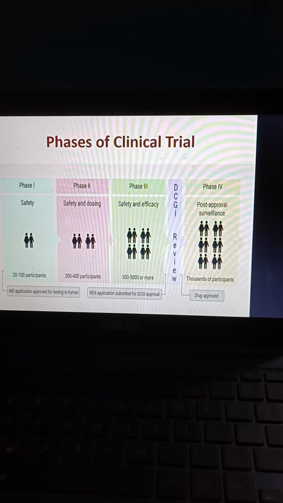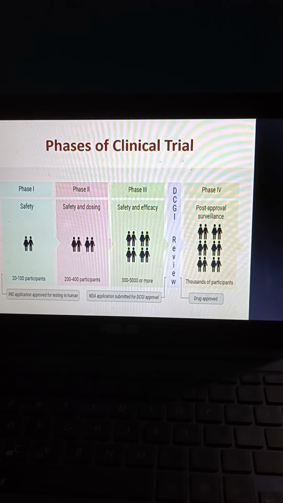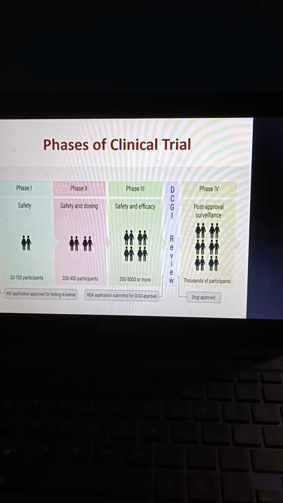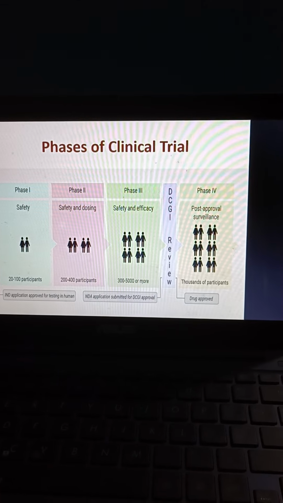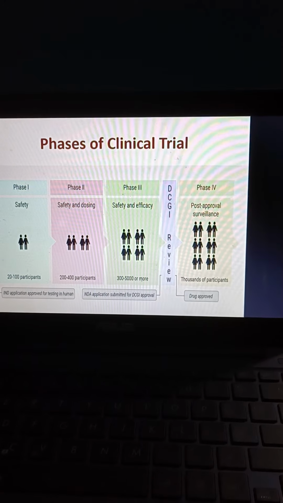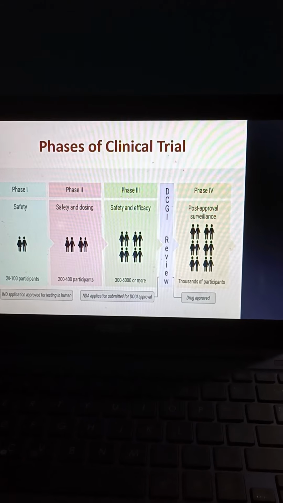NDA, new drug application, is to be submitted after phase 3 to the DCGI in India, Drug Controller General of India, or to other regulatory bodies of the respective country if the trial is going on in a foreign country.